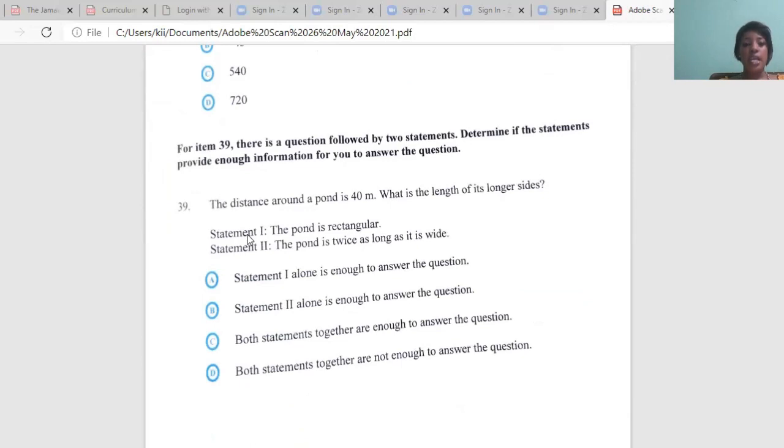For item 39, there is a question followed by 2 statements.